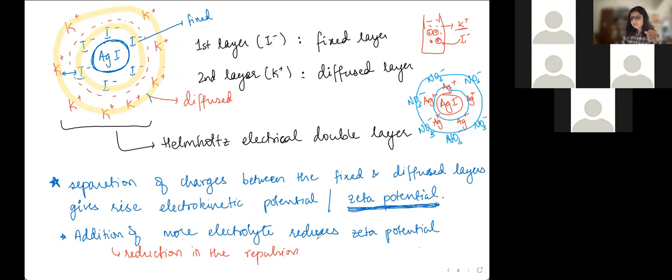If there is a reduction in the repulsion, that causes coagulation. Repulsion kam hua, meaning there are attractive forces, so all of them end up coagulating, and coagulation or precipitation means it's no longer a colloid. So you've basically destroyed the stability of the colloid.